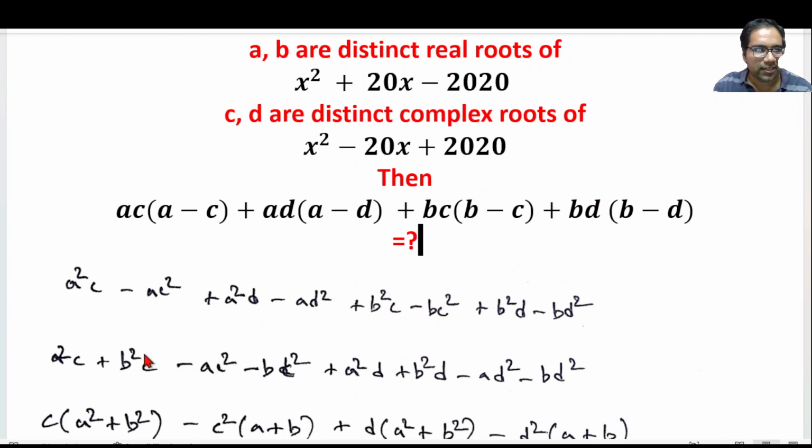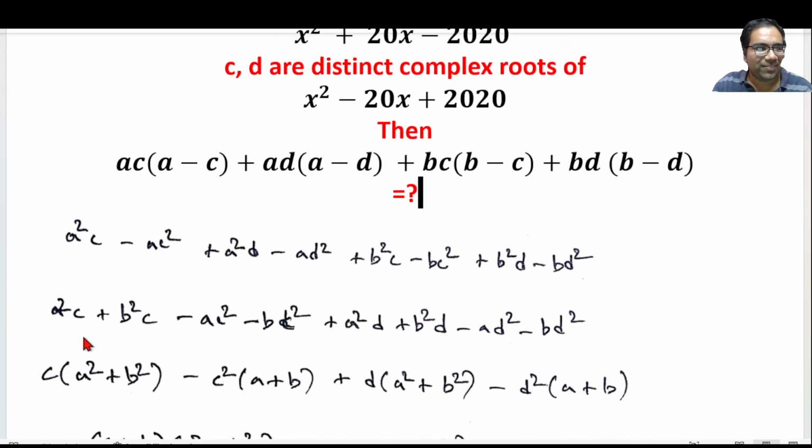A square C and B square C, if we bring them together, then AC square and BC square. Similarly, A square D and B square D, and AD square and BD square. Let's rearrange these terms so that we get A's and B's together.